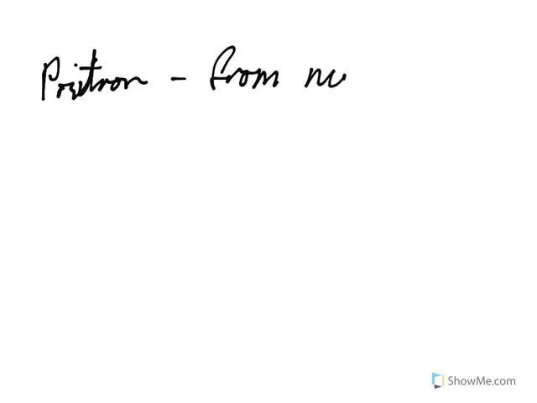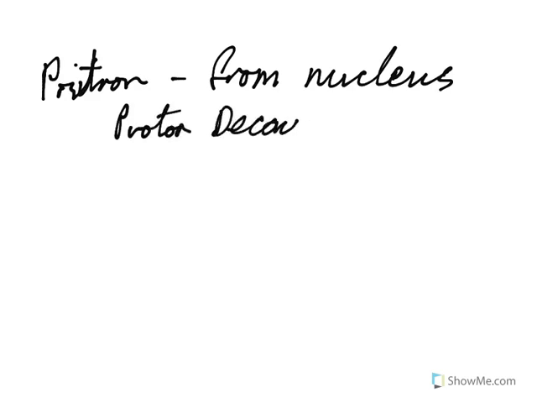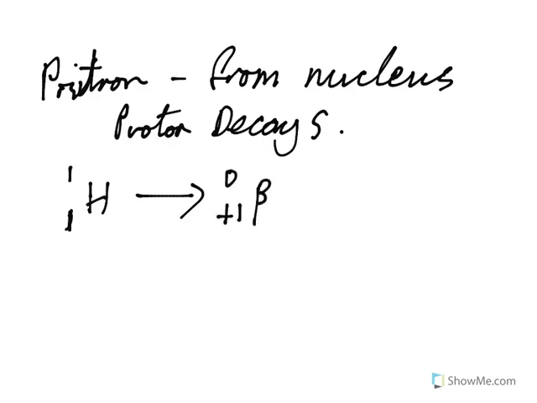In the case of our positron, again that's from the nucleus, so something's going on in the nucleus. What happens is when a proton decays, if you like H11, because hydrogen has an atomic number of 1, we get a proton decaying and we end up with our positron.